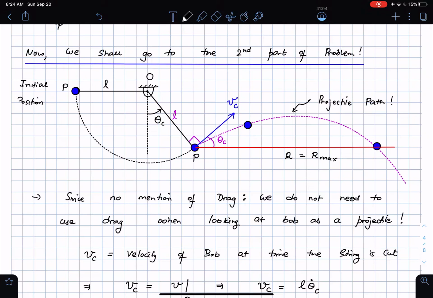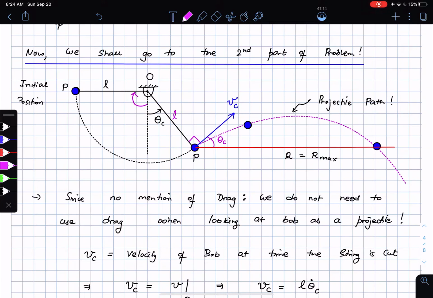This is something that you want to be very careful about. Initially the position of theta C, if I use a different color here, is going to be measured negative. So this is going to be theta naught, which is minus pi by 2, because the pendulum is swinging the other way. So if I'm measuring theta naught this way, it's going to be negative.